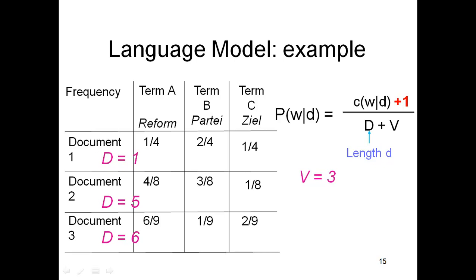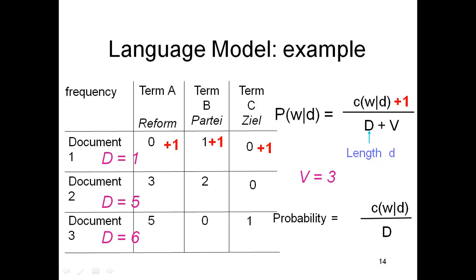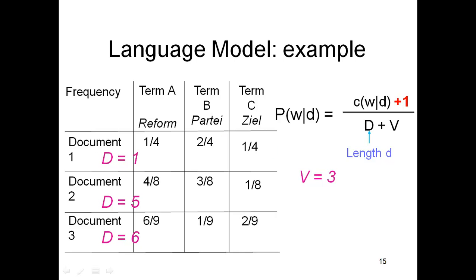For example, Reform for document 3, we have a count of 5 words. 5, 0, 1 is the vector for document 3. All are smoothed, and we end up with 6, that is 5 plus 1, divided by 9, document length plus vocabulary size, 3 plus 6 makes it 9. 6 divided by 9, and 1 divided by 9 for B, which didn't occur for part A.